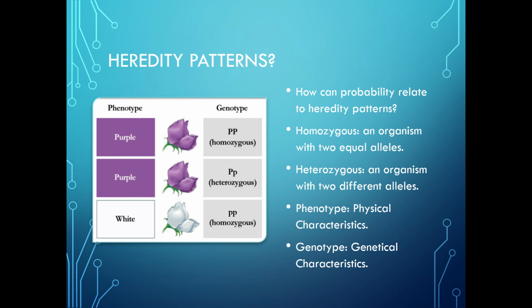So at first we have both capital P's, which generates purple. We also have one capital P and one lowercase p that causes purple as well. And lastly, we have two lowercase p's that causes the white one.